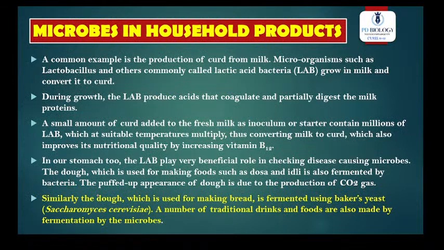Now the main topic, the microbes in household products. The common example is the production of curd from milk. The microorganisms such as Lactobacillus and others, commonly called lactic acid bacteria, LAB, grow in milk and convert it to curd.